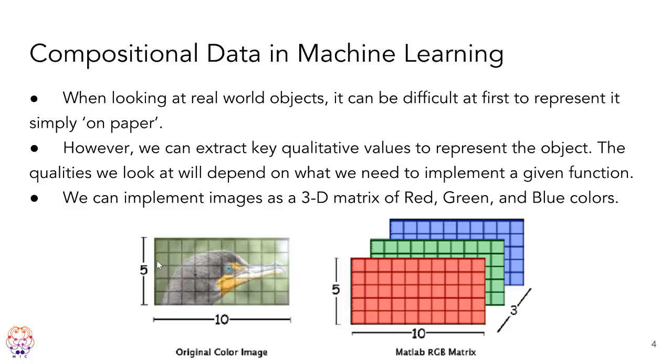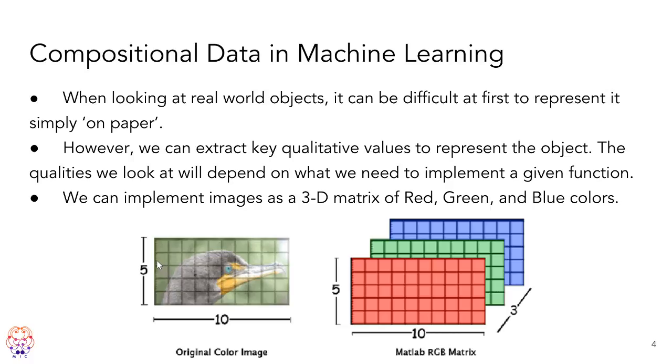For those of you who don't know, images on computers, especially colored ones, are represented as a bunch of RGB matrices overlapped on each other. So let's say you have this 5 by 10 pixel image of a bird. Well, that bird, if it's colored, would be represented by 3 RGB matrices, a red matrix, a green matrix, and a blue matrix. And all of those would also be 5 by 10.